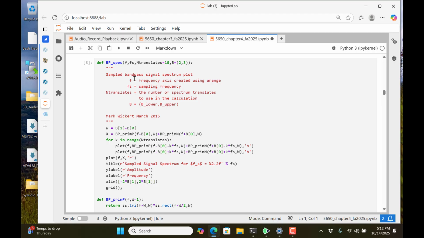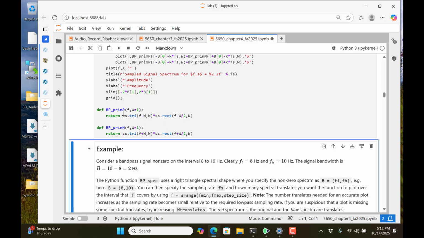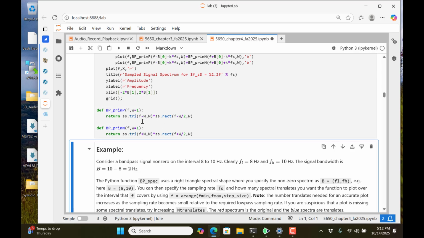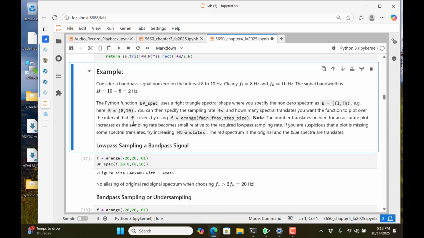And then you get to specify the bandwidth of the signal as a range from, in this case, 2 to 3, but it can be any number. It's just what I say in here. So I've already compiled this. There's a couple other supporting functions that are used in here, a triangle shape and positive and negative. I don't even remember why I have that in there, but it's in there for a reason, obviously.